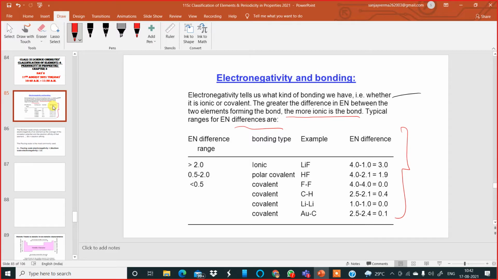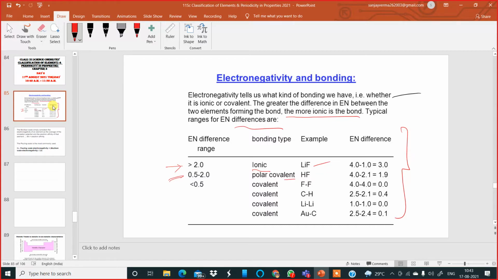If the electronegativity difference is greater than 2, then the bonding type is ionic. An example is lithium fluoride. If the electronegativity difference is between 0.5 to 2.0 on the Pauling scale, it is a polar covalent bond.